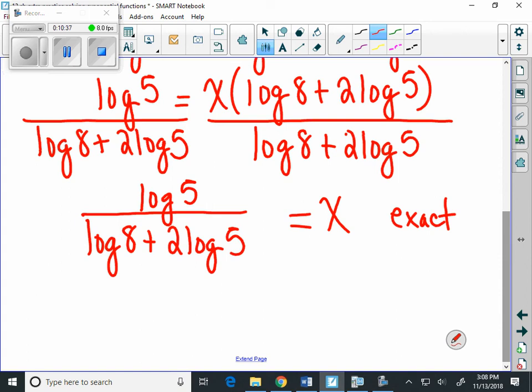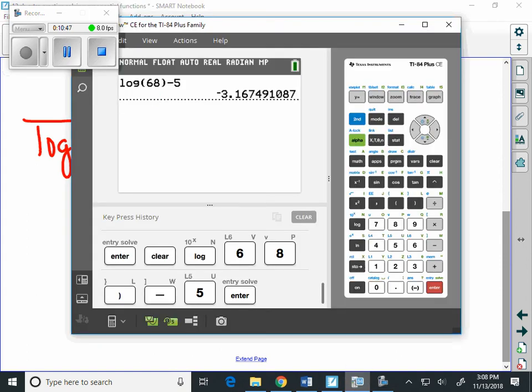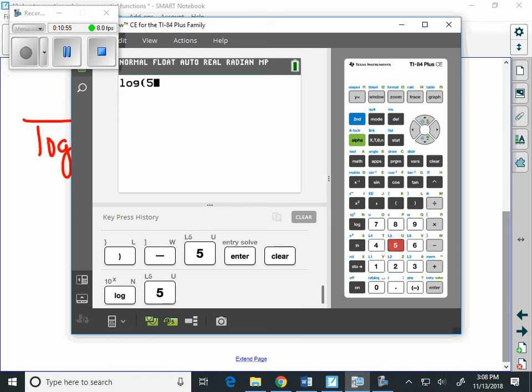And if you have a calculator here to find the approximate value, I recommend using the fraction button. On this particular example, I will type it in without the fraction button. And it's just a matter of the parentheses here. So it's going to be log of 5. And actually, I think I can do it out. I'm going to start over here. I'm going to do parentheses. Log of 5.